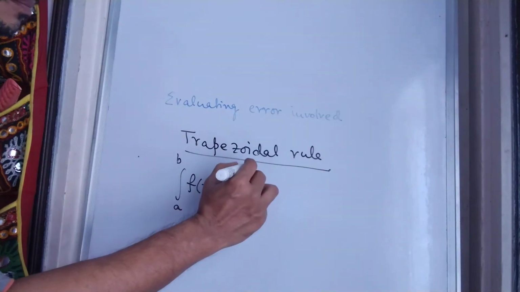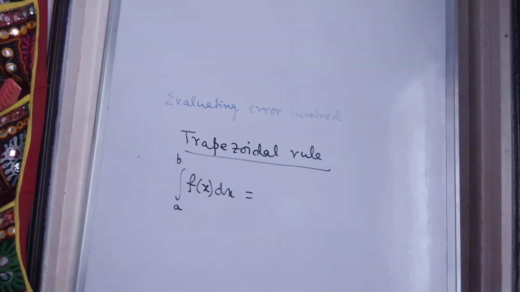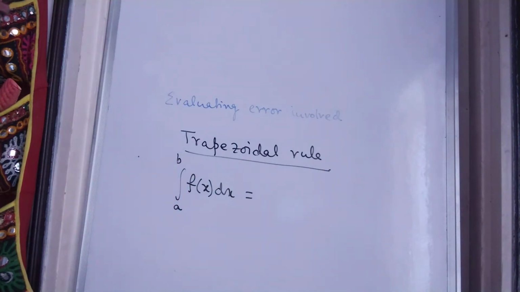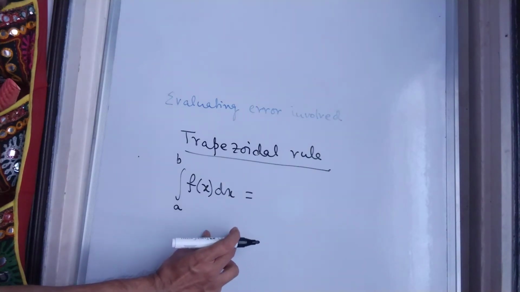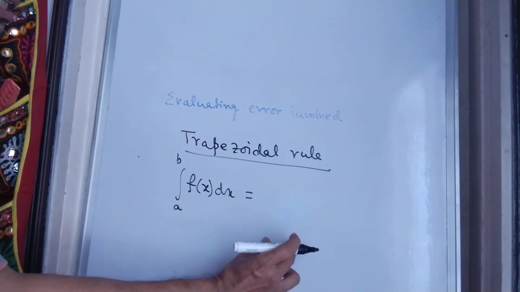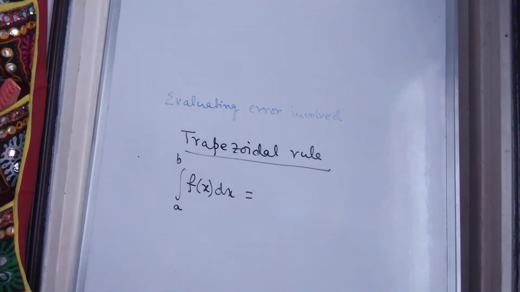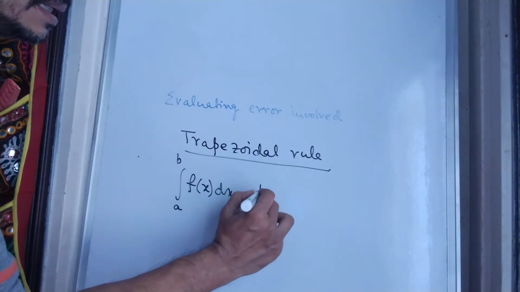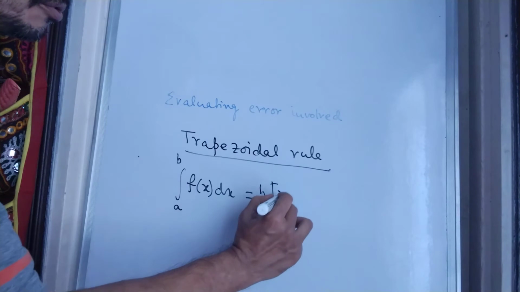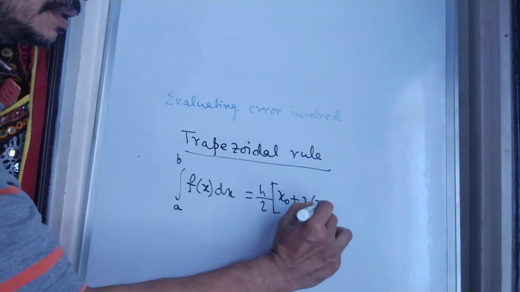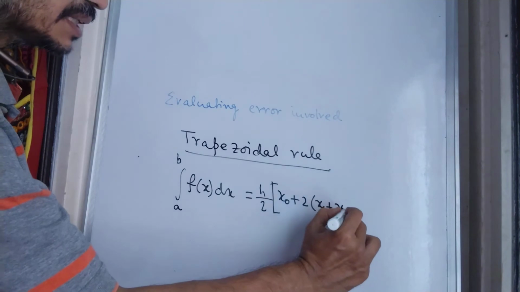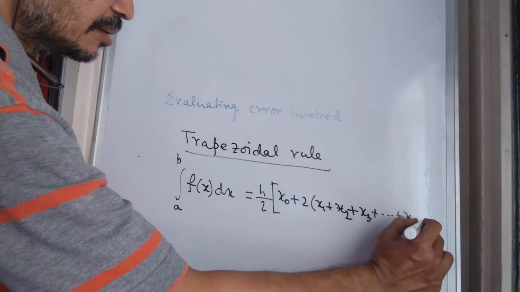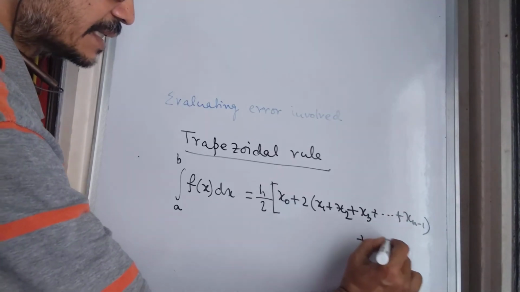That means we are subdividing this interval a to b by sets of points, x0, x1, then x1, x2, then x2, x3, then xn minus 1, xn, and summing them up we get this type of formula: x1 plus x2 plus x3 plus dot dot dot xn minus 1 plus xn.